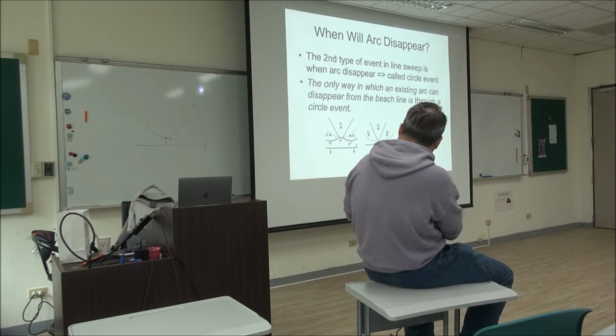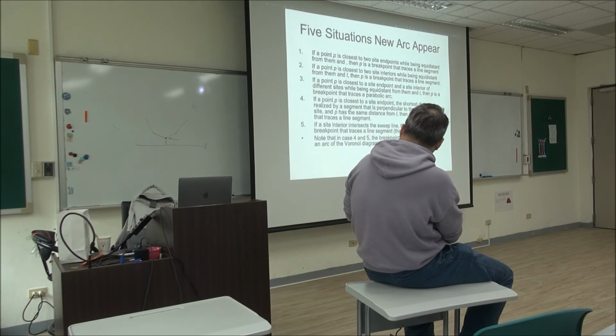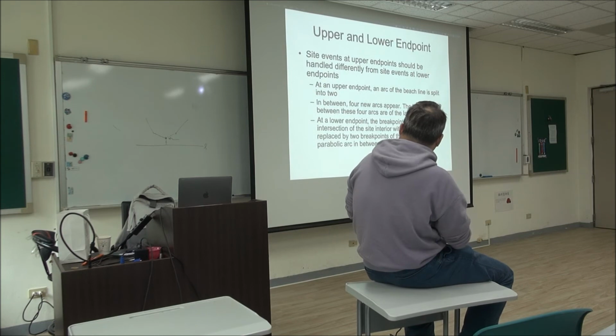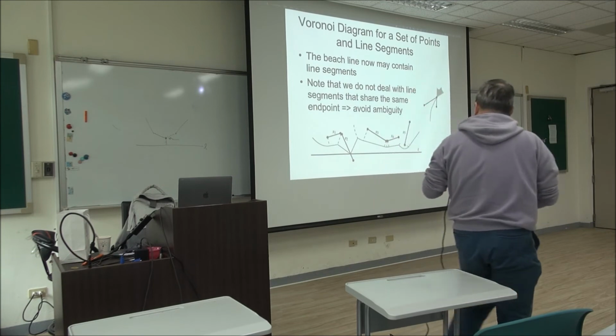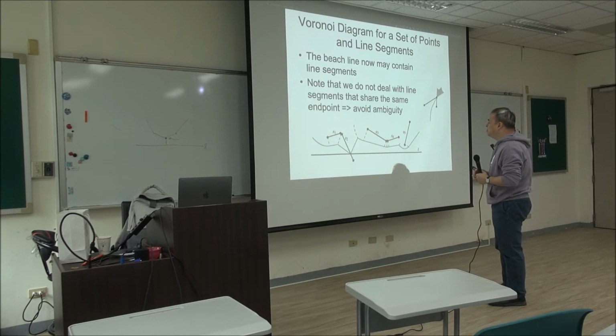Then in between, four new arcs appear. The breakpoints between these four arcs are of the last two types. So it later becomes something like this.